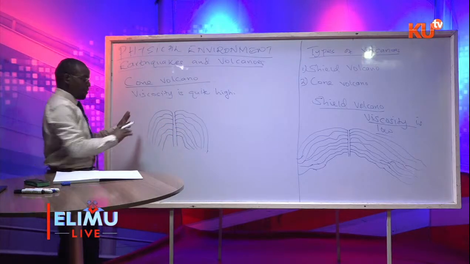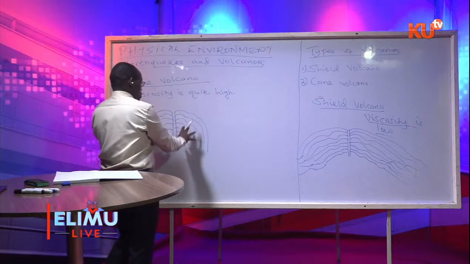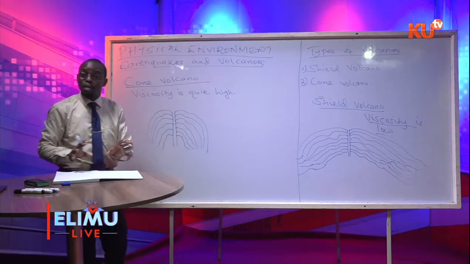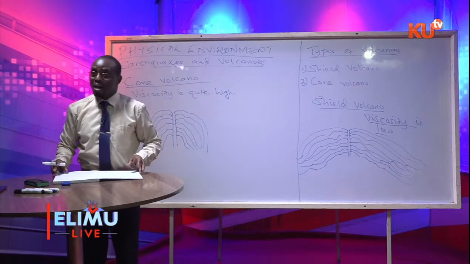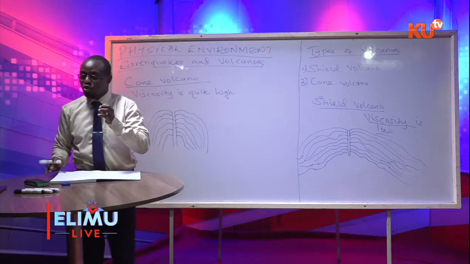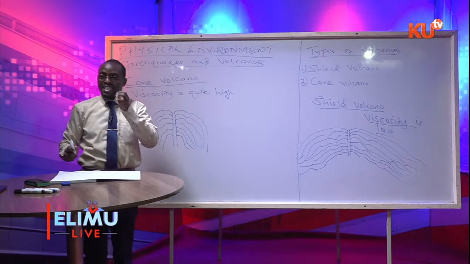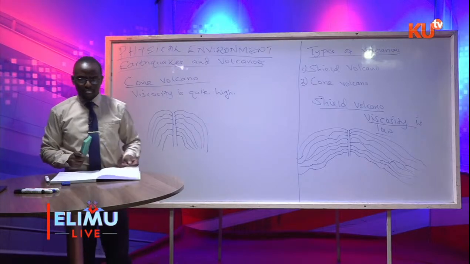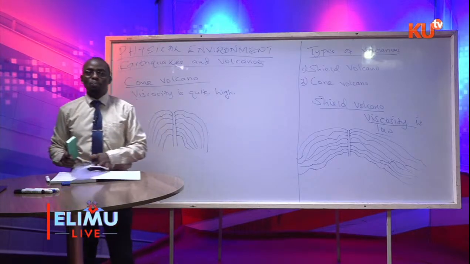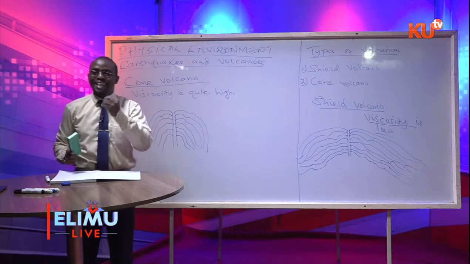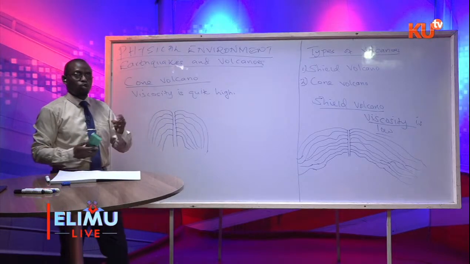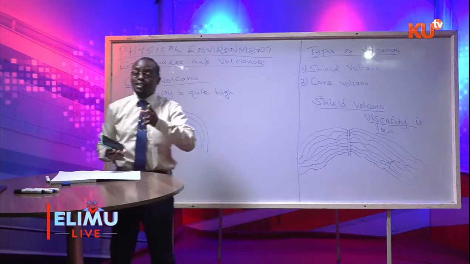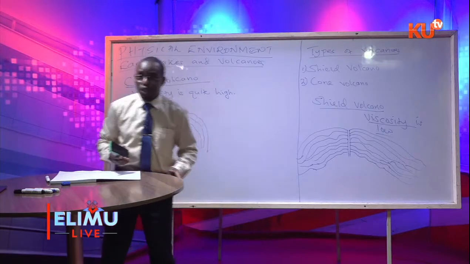And in this one, we have thick materials in terms of lava, thick materials in terms of magma, and therefore also thick materials in terms of dust and ash. Now, we may ask ourselves, what are some of the terms that can be used to say that a volcanic activity has taken place from this point?